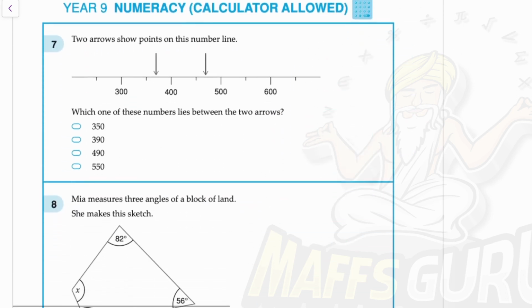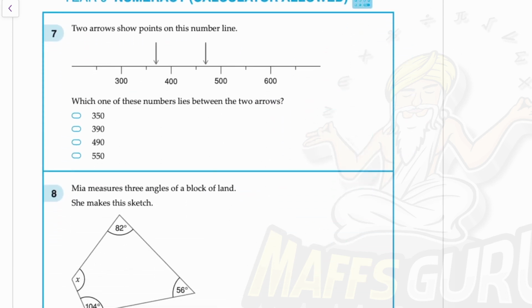Two arrows show points on this number line. Which of these numbers lies between the two arrows? Well, let's have a look. This is 350. That is 450. So let's say that's about 470, and that's about 370. We're looking for numbers between those.